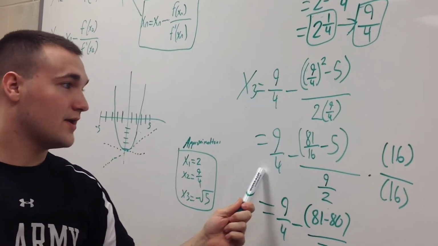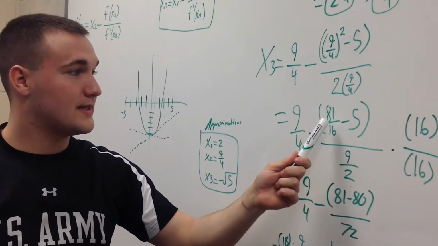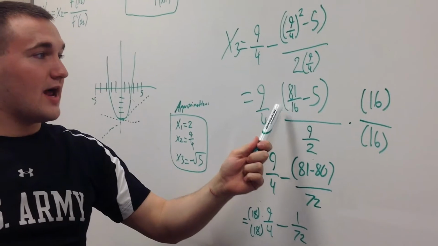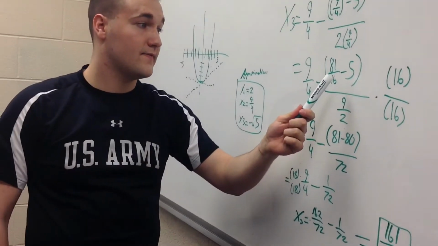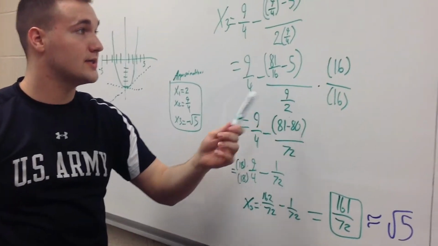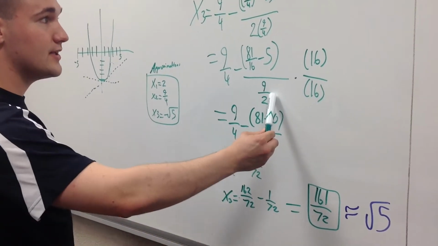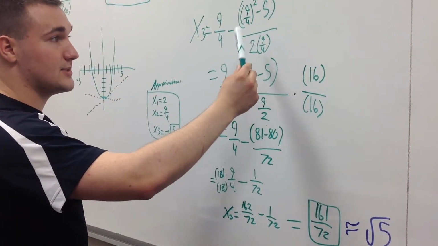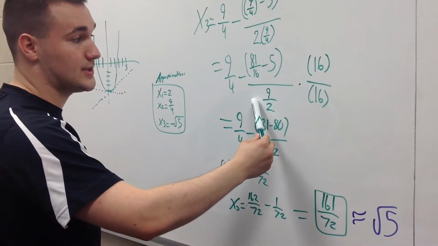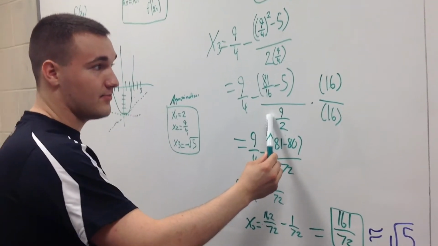Okay, go down here, do some math. That's 81 divided by 16 minus 5 divided by 9 over 2. The reason it's 9 is that 2 times 9/4 is equal to 9 over 2. So you can go ahead and sum that up.